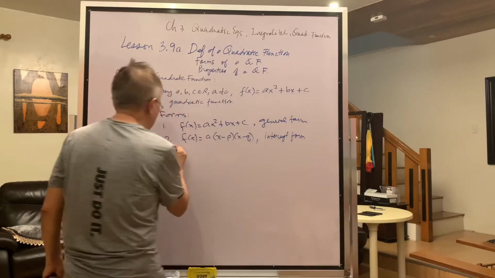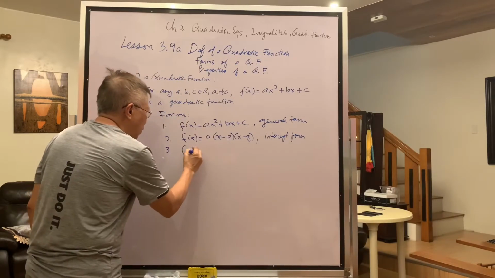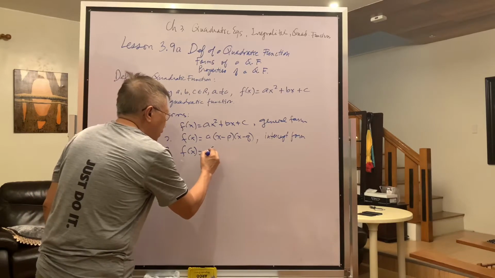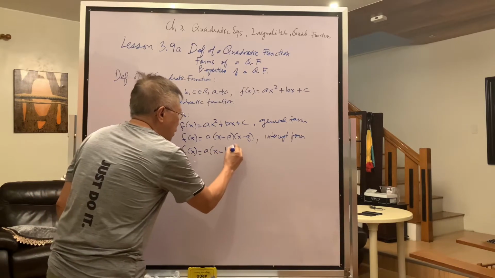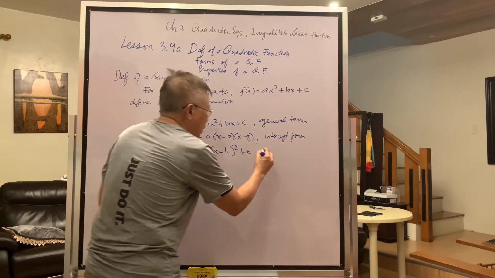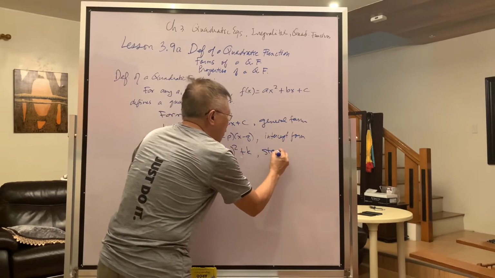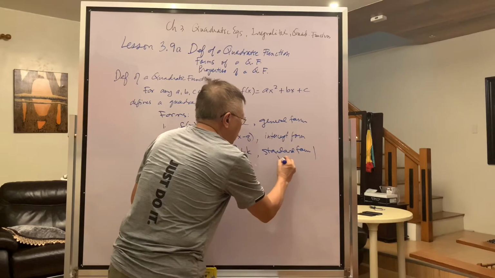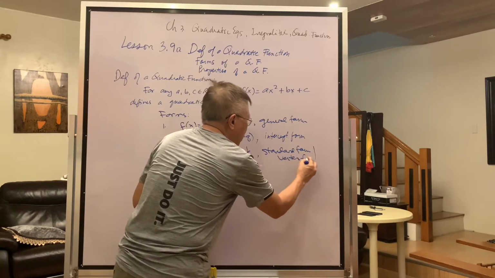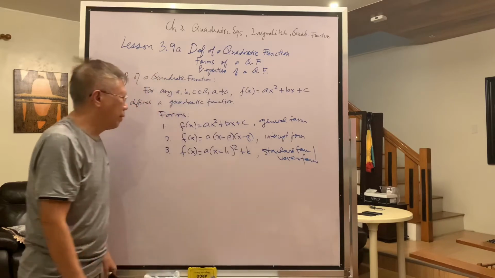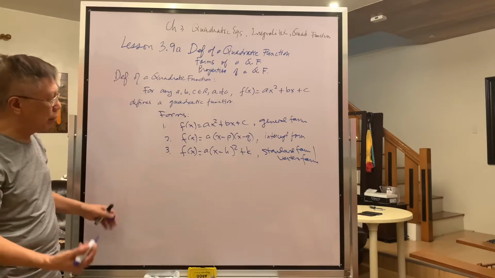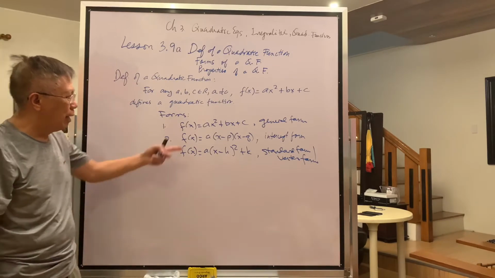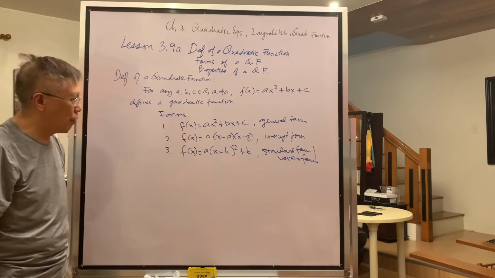And the next one, f of x equals a times x minus h squared plus k. This is the standard form, or vertex form. Okay, so we can identify our quadratic function by any of these three forms.